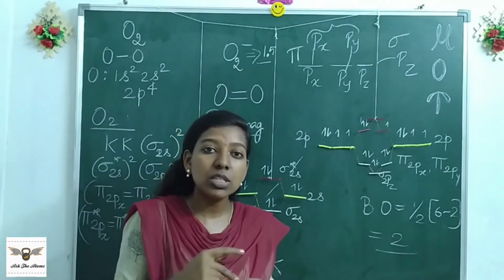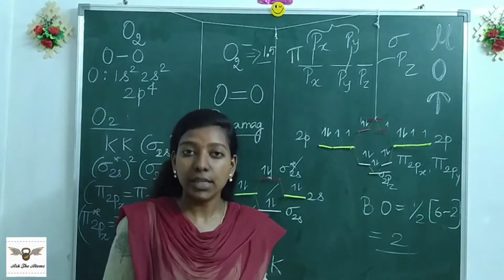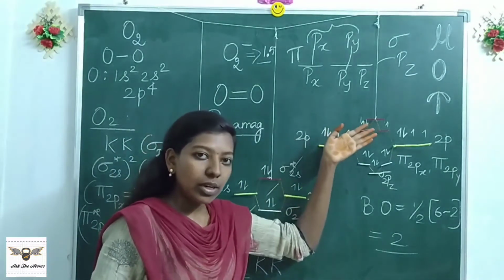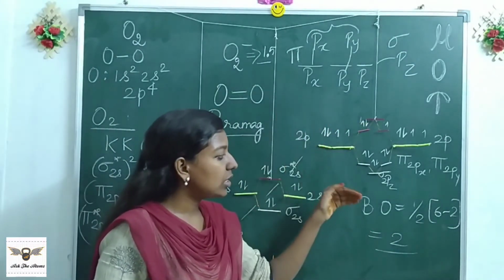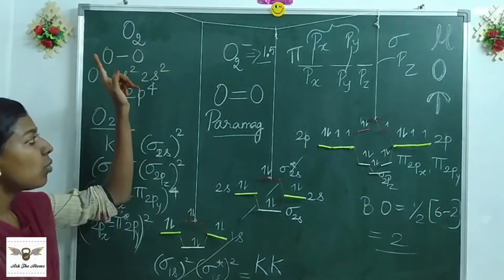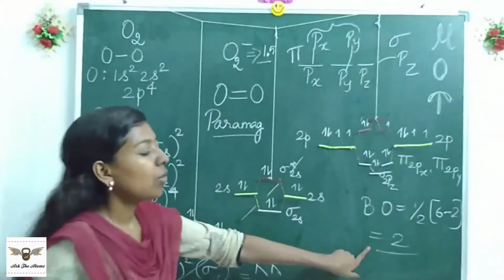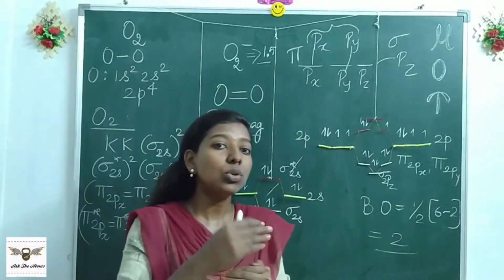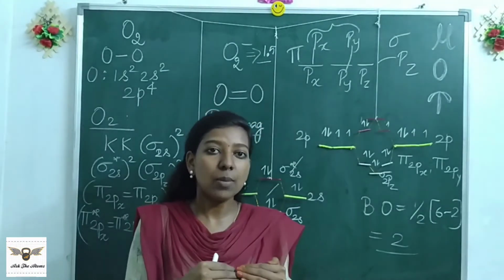For any of the oxygen molecular ions, what I can predict is, the more I add electrons to the antibonding level, the bond order will reduce. You see, for O2, the bond order is 2. For O2 minus, one extra electron, the bond order reduces. For O2 2 minus, it still reduces, becomes 1.